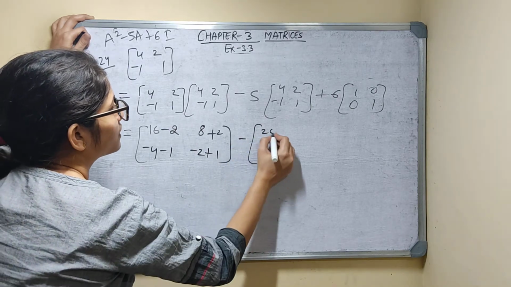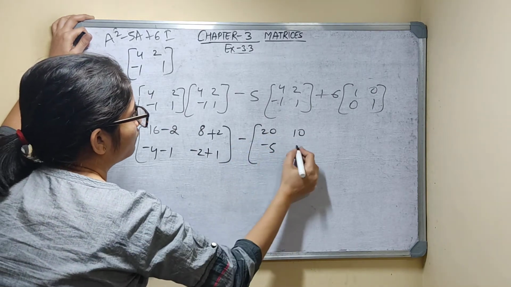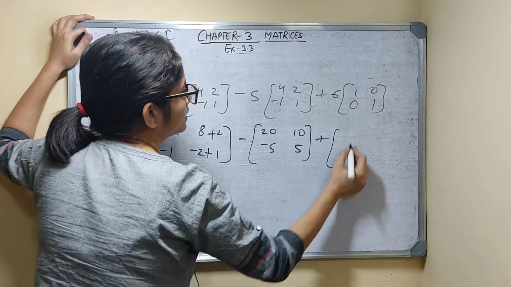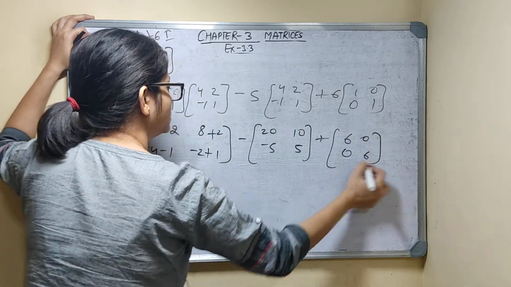Minus 5 fours are 20, 5 twos are 10, minus 5, 5, plus 6, 0, 0.